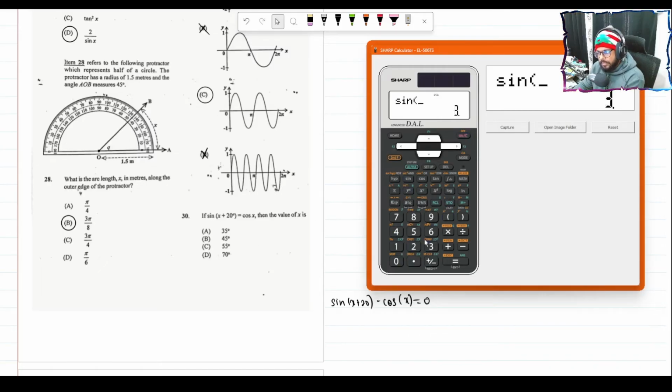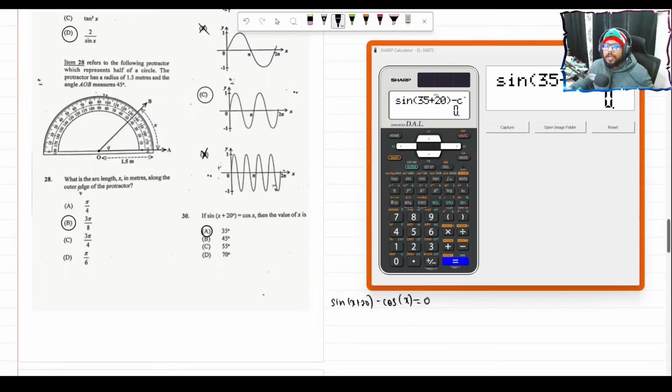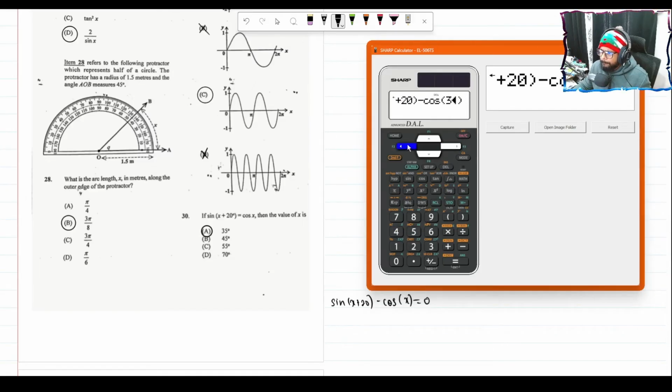Sine, open bracket, 35 plus 20, close bracket, take away cosine of 35. Let me entertain our next angle. Instead of 35, let me use the 45. I wish I did 55 now.